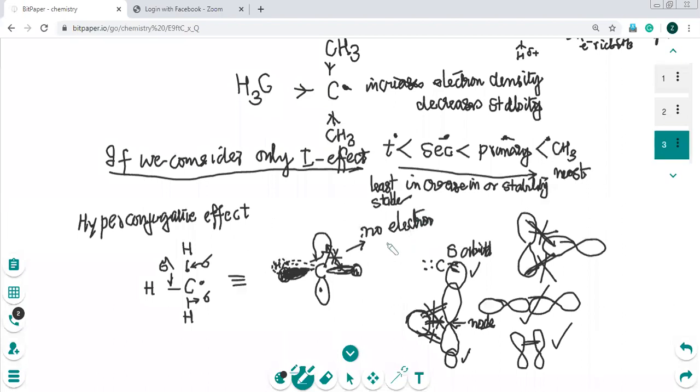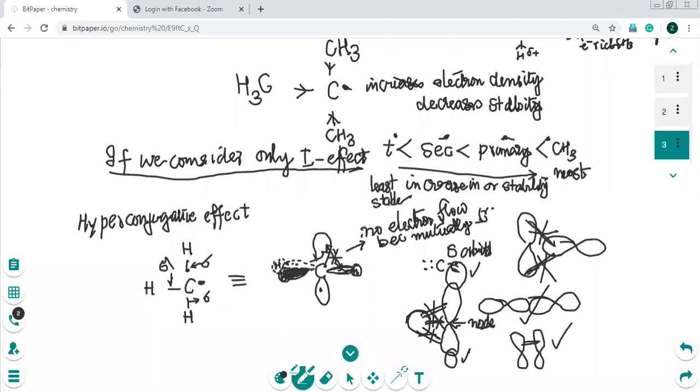Because they are mutually perpendicular. This is the sign of perpendicular. You must be knowing this. So when the orbitals are mutually perpendicular, they will not interact. Therefore, these bonds will not interact with this electron.